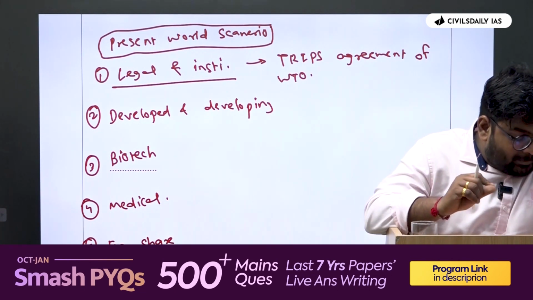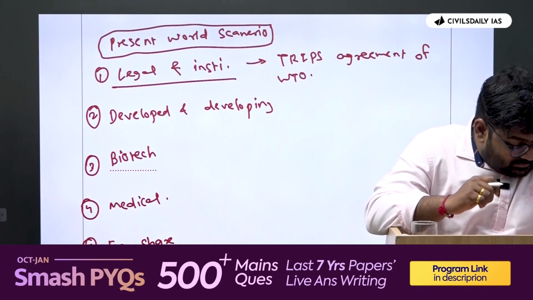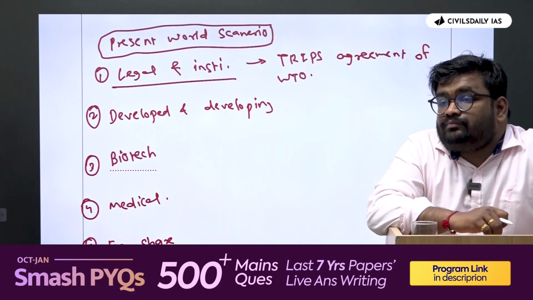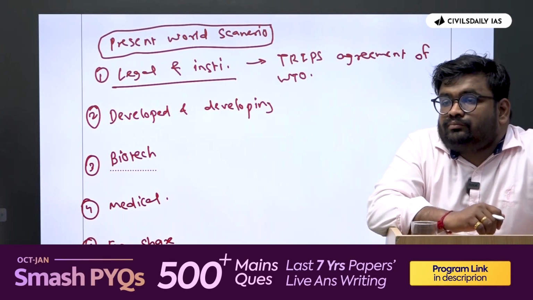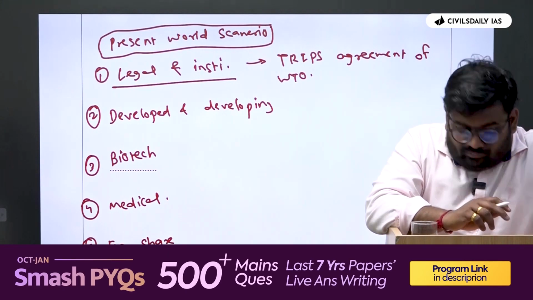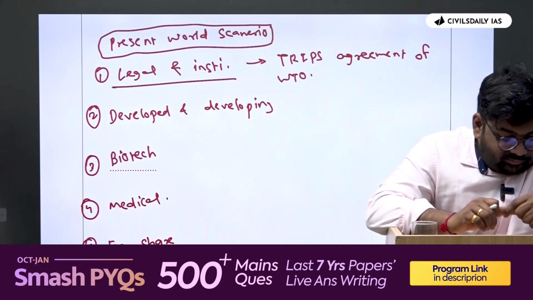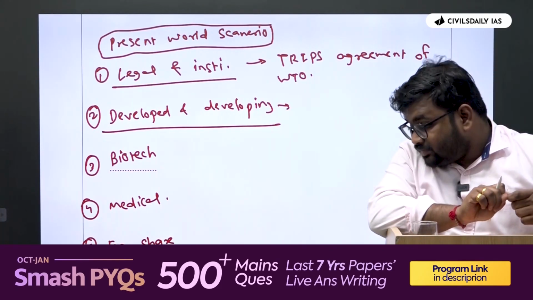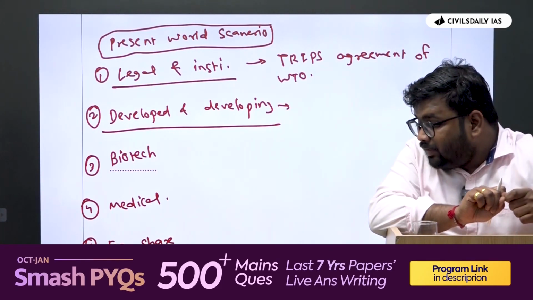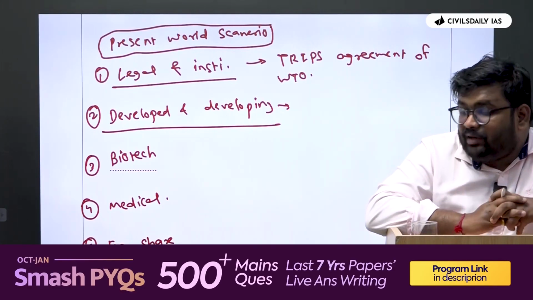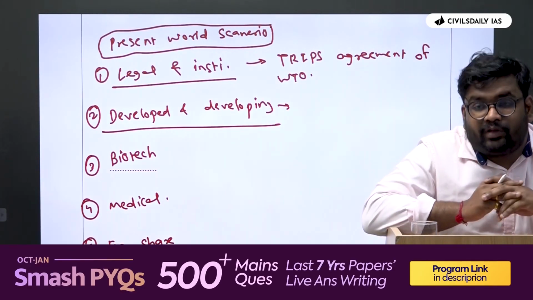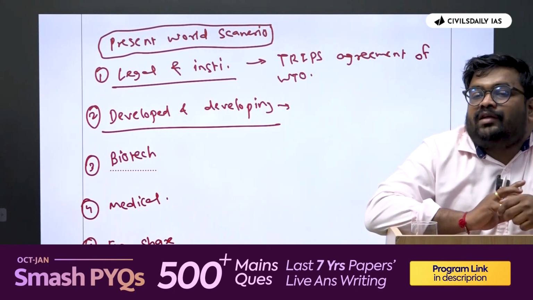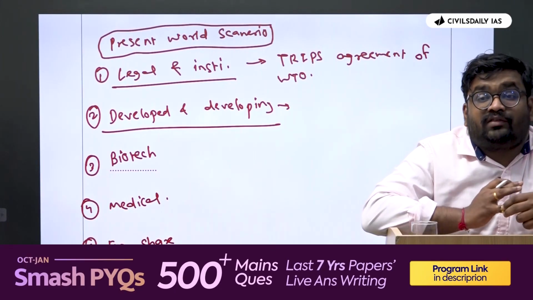What about developed versus developing countries? Yes, they used to talk about greenwashing of patents. We add some little extra hours and they get a green patent. Developed countries have more share, that is fine, but the larger share is because of biopiracy, where they steal the traditional knowledge system.